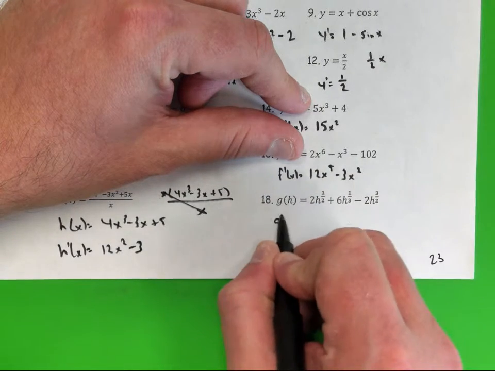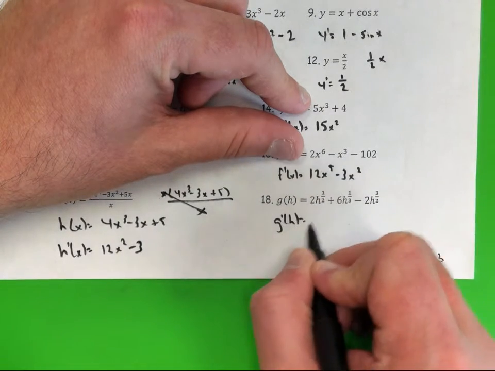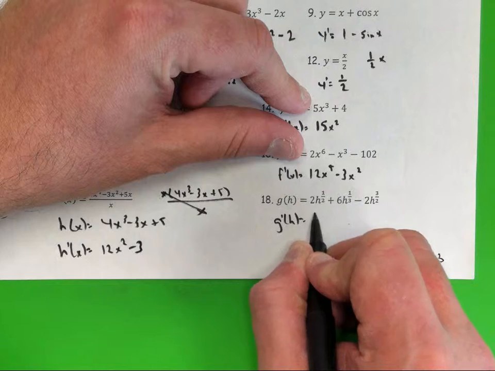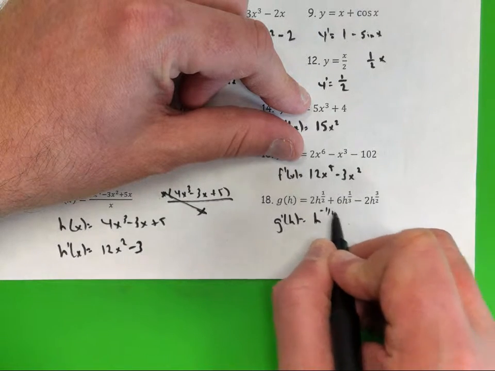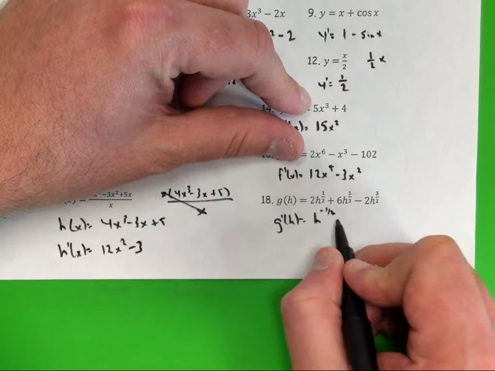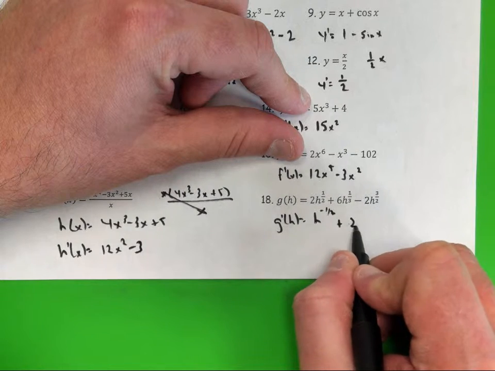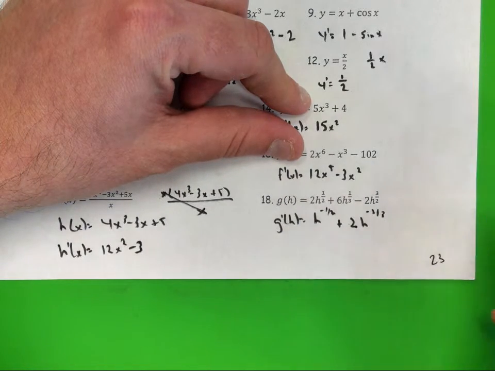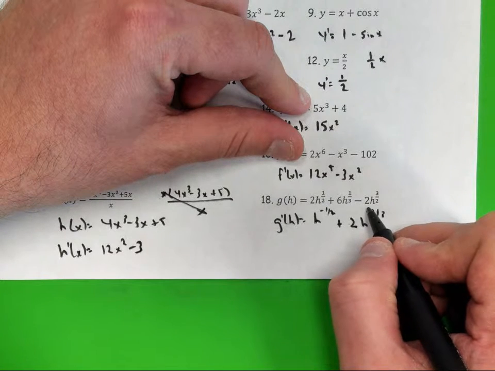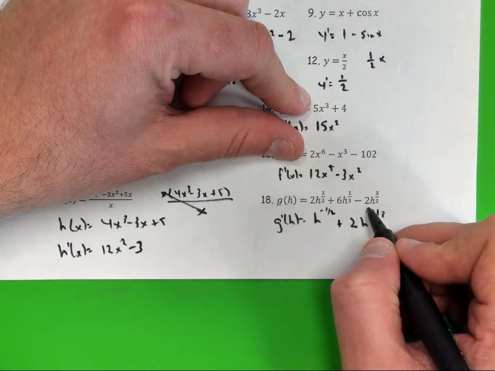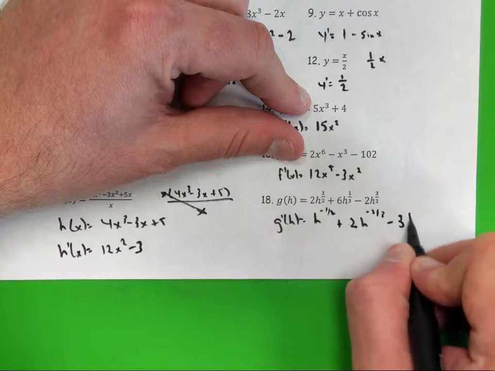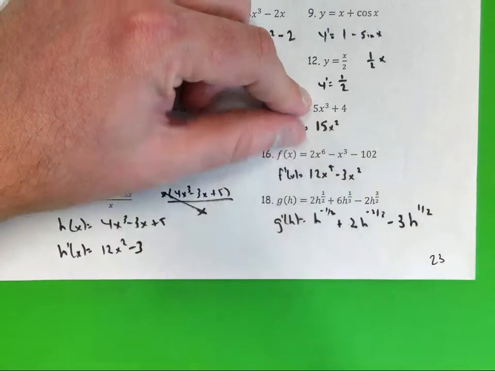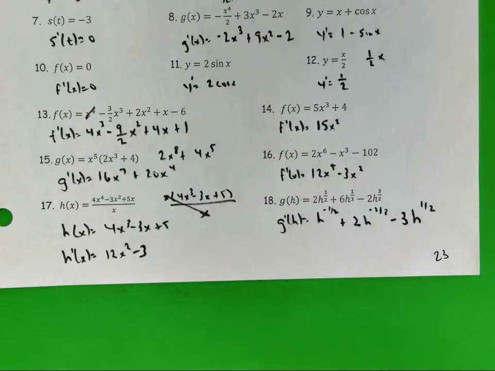Okay, g prime. 1/2 times 2 is what? 1. 1/2 minus 1 is negative 1/2. 1/3 times 6 is what? 2. 1/3 minus 1 is negative 2/3. 3/2 times 2 is negative 6/2, which is minus 3. Okay, I subtracted 1, got negative 1/2. Subtracted 1, got negative 2/3.